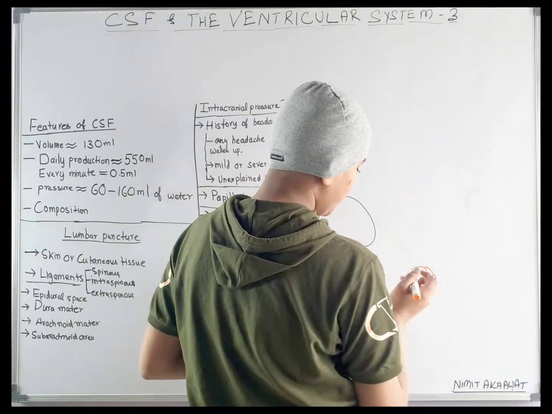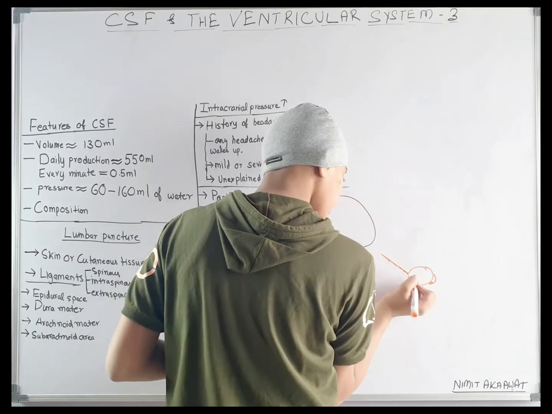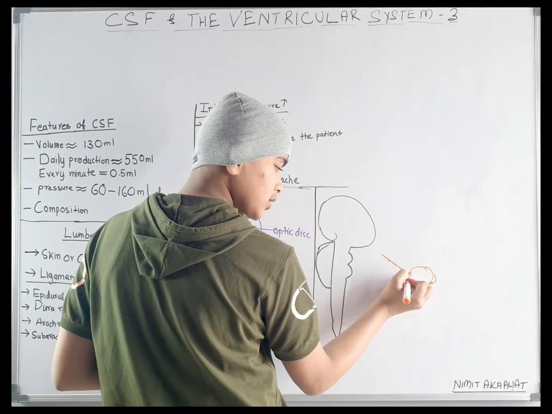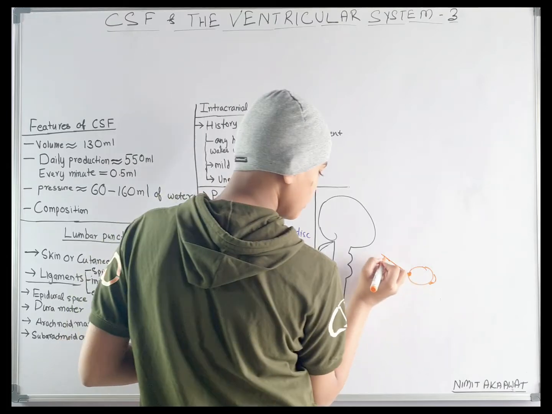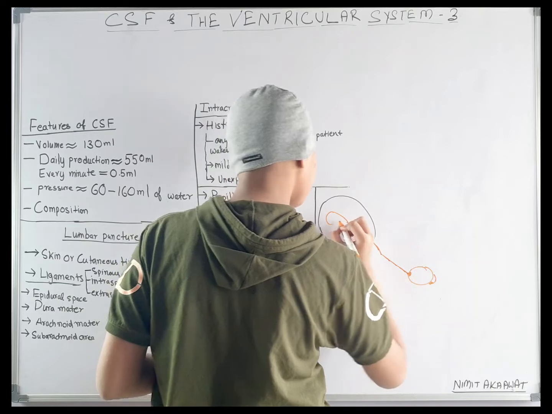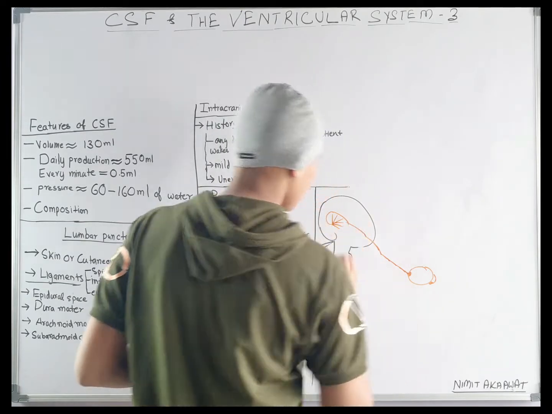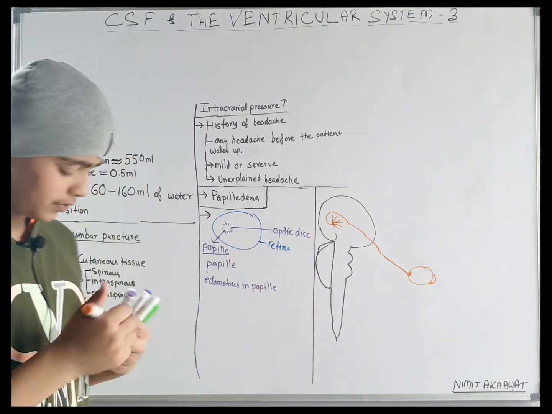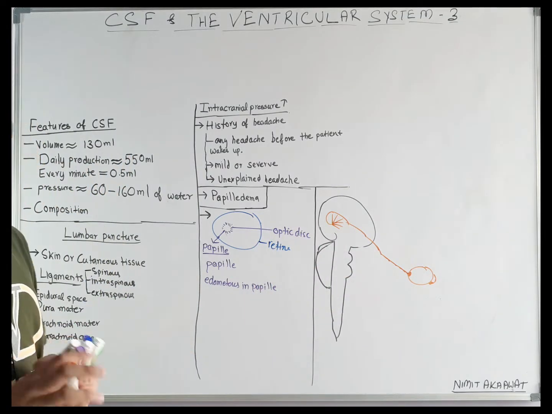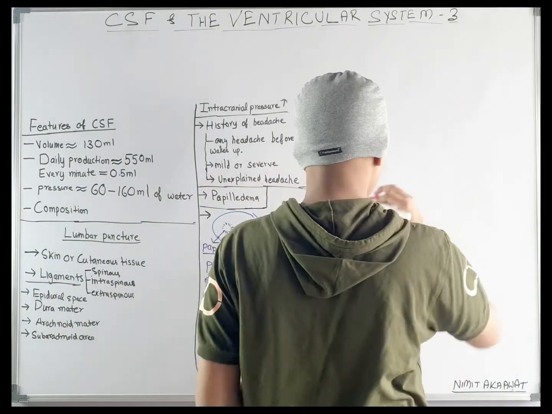Now, the optic nerve is connected over here, and here would be the optic disc. So here is the optic nerve. Now I'll draw the third meningeal layer or dura mater in this diagram.